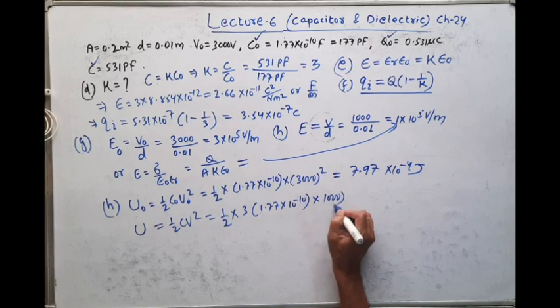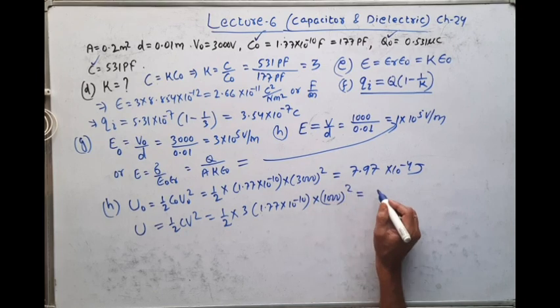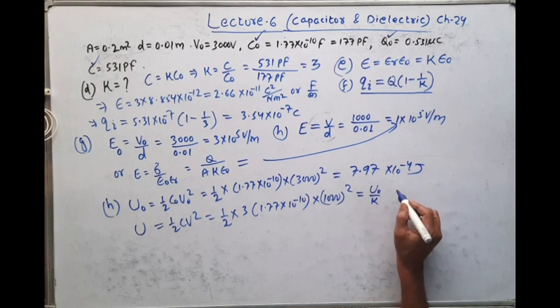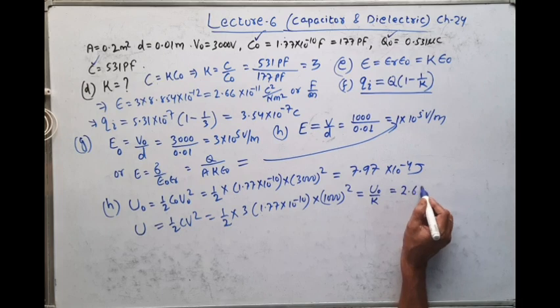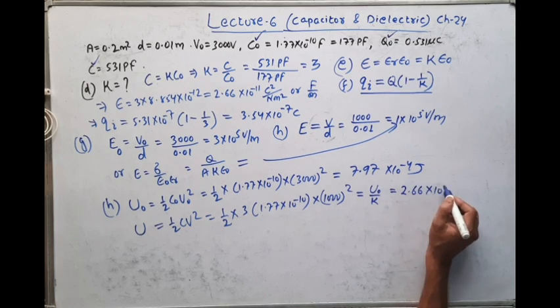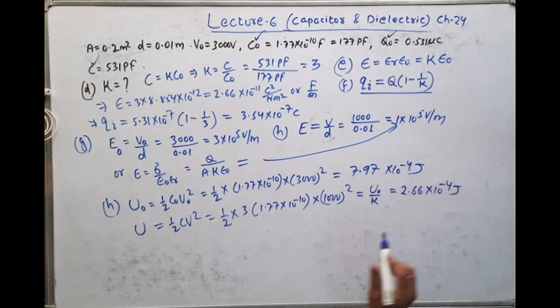So 1000 square. That means the energy stored will be reduced by what times? K times. So if you divide, you will get 2.66 into 10 to the power minus 4 joule.